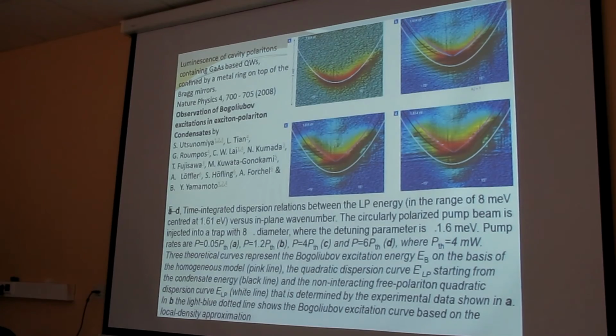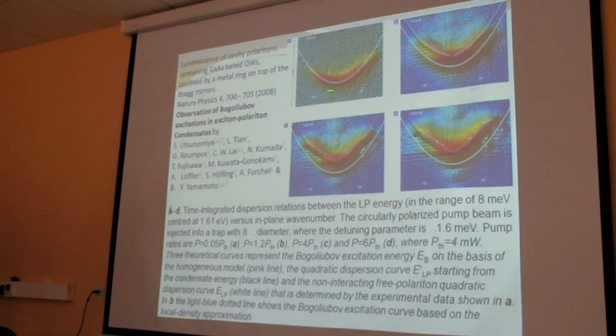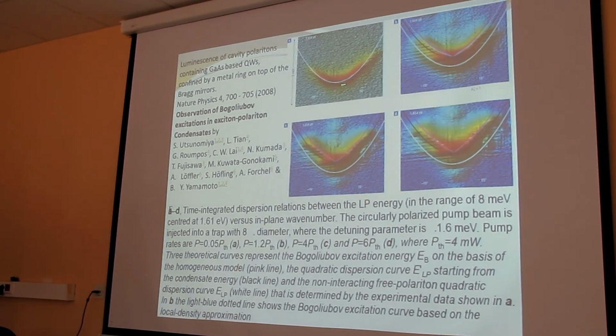And then later on other colleagues, in connection with Forte and others, they measured even another effect in a Bose-Einstein condensate. You expect a mode which has a linear dispersion. Now, this cavity polariton here has a parabolic dispersion and at low density you see it, but if they increased the density, they saw that something like a linear mode here develops, and they attributed it to this Bogoliubov mode, I think is the name.